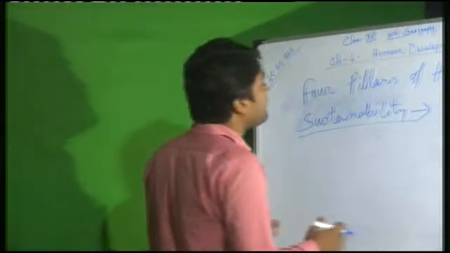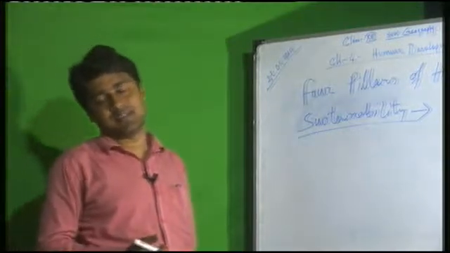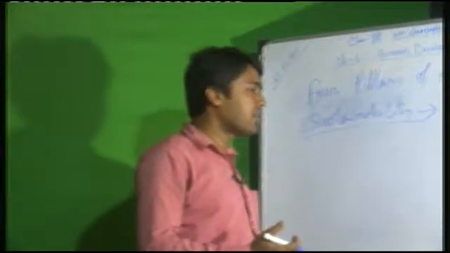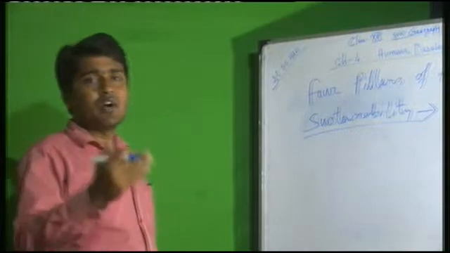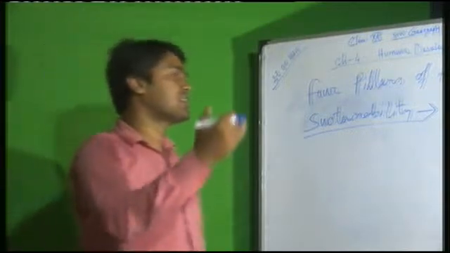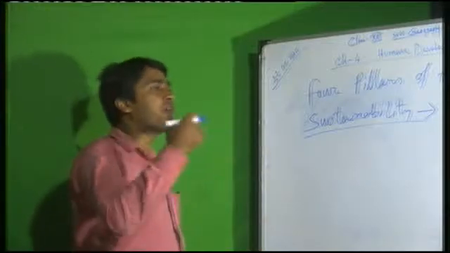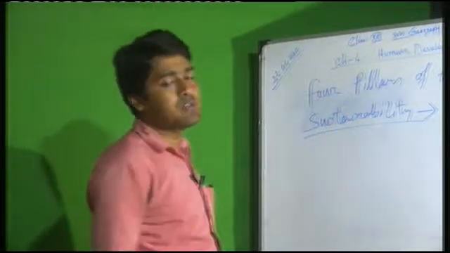Sustainability means obviously we will use the resources. Development should take place, but it should prevent damage, protect our environment, and keep resources for future generations. The development should take place without hampering the environment and keeping some resources for our future generations.